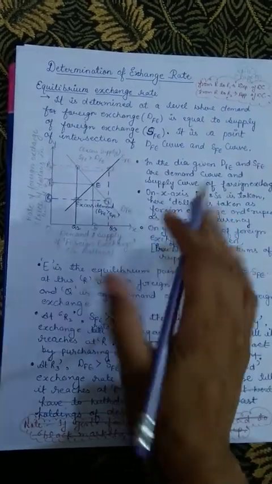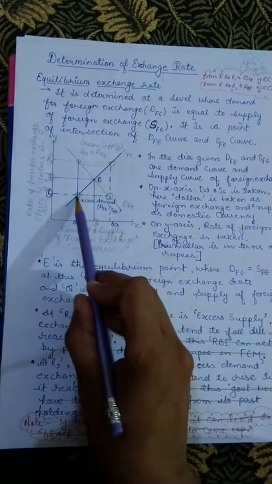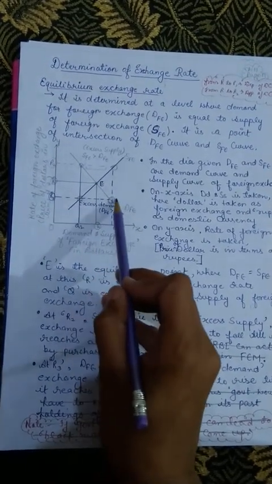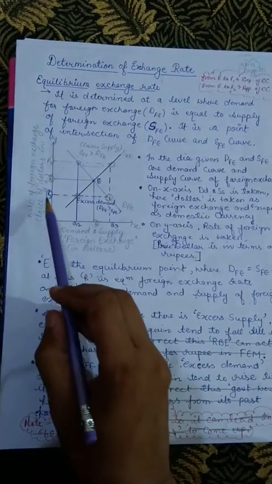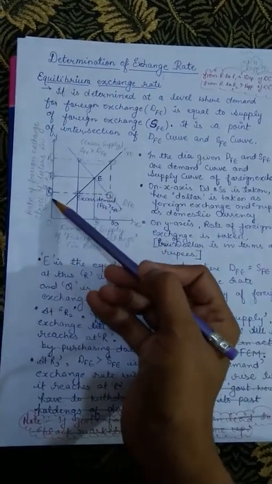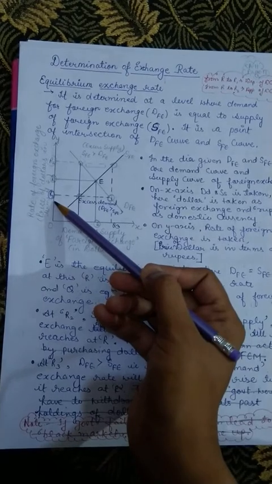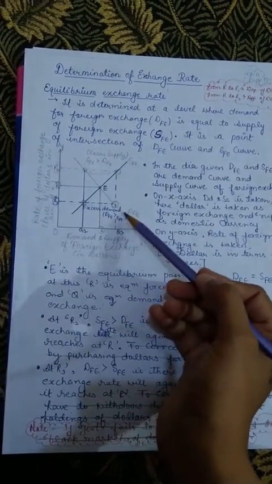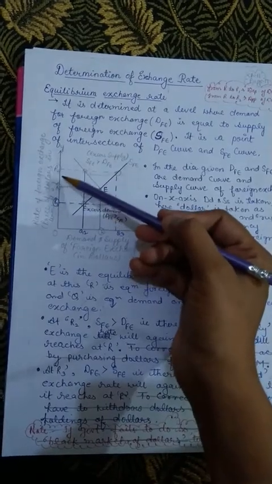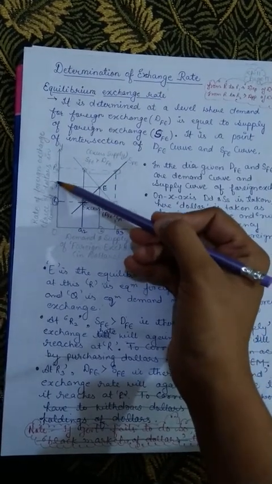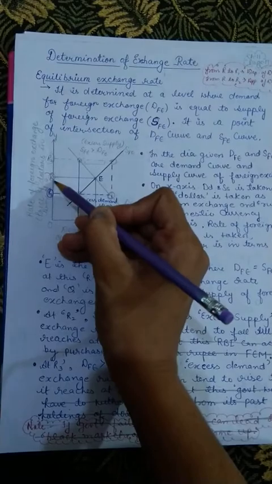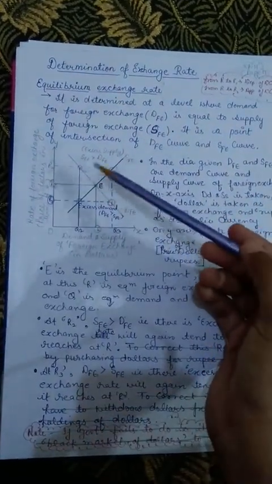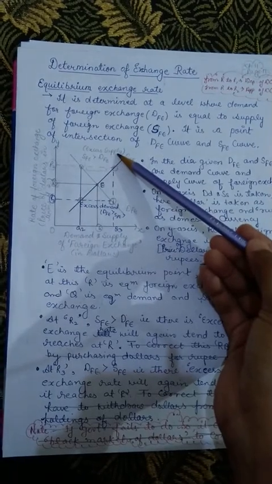At this point this one is supply and this one is demand. So whenever the exchange rate is below the market determined exchange rate, you will have excess demand. And whenever the exchange rate is above the equilibrium exchange rate, which you can denote by RE also, you will have excess supply.